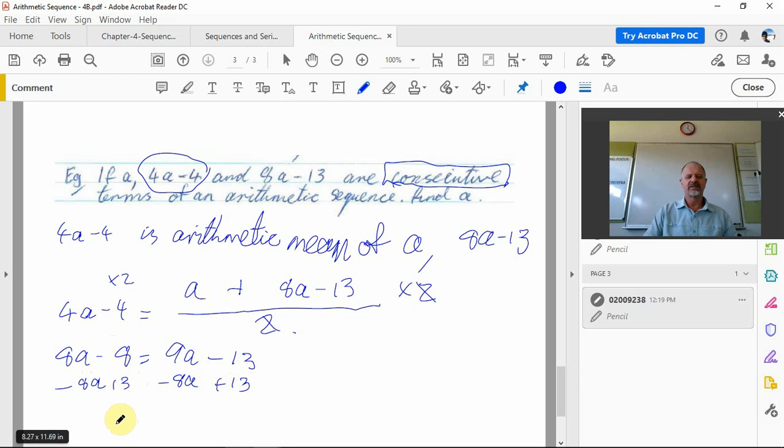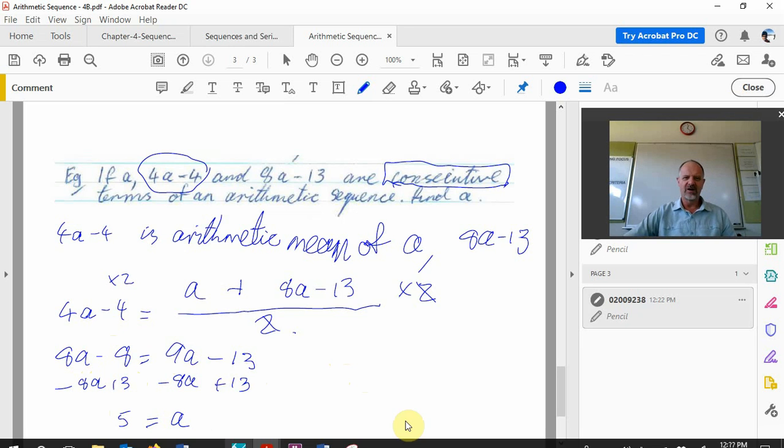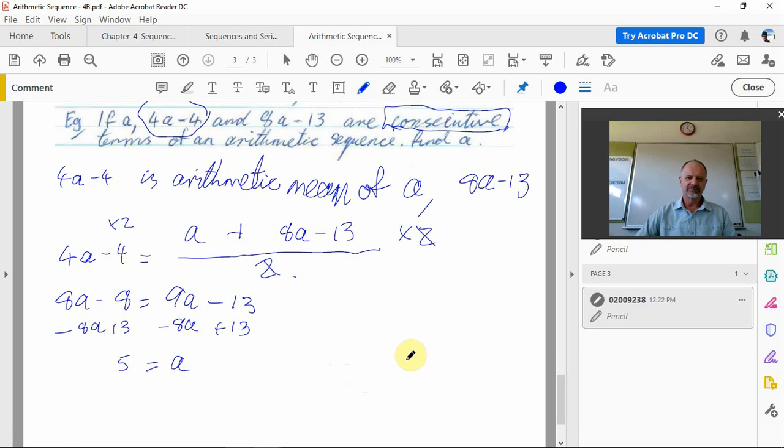Minus 8 plus 13 should be 5, I hope. 9A minus 8A is A, so A is equal to 5. So we just asked for A, but A is equal to 5.